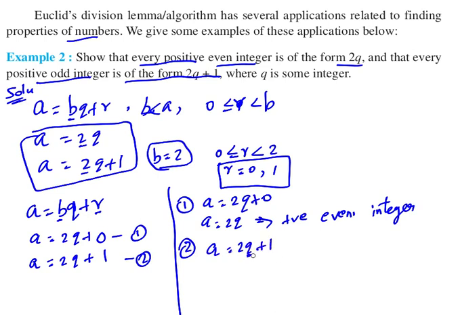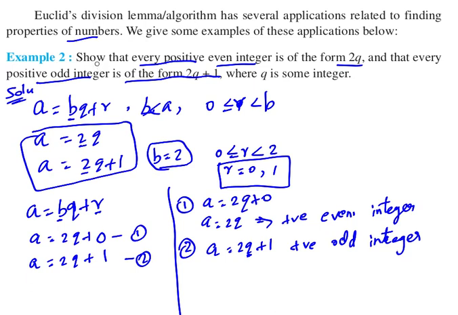For any quotient, we are adding 1, so definitely we will get an odd integer. So a equals 2q plus 1 is the form of odd integers. According to this, every positive odd integer can be written in the form of 2q plus 1.